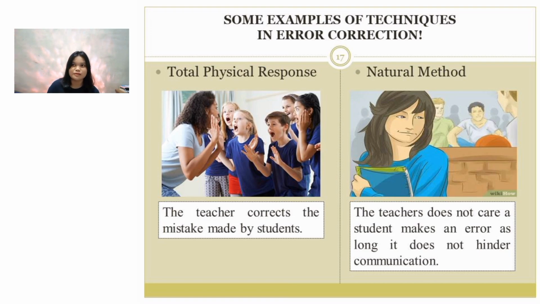I'm just going to say, oh yeah, you made a mistake, maybe for a better word, you can use this word, something like that. So this is the technique in natural method. The teacher is not really strict or obsessive about making the student learn in the correct way, something like that.